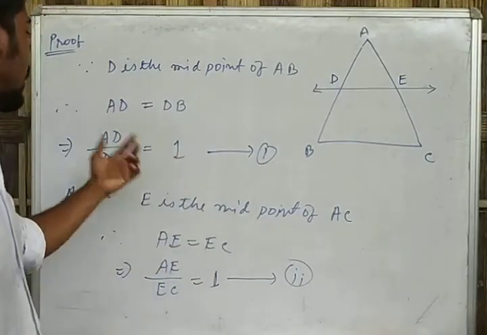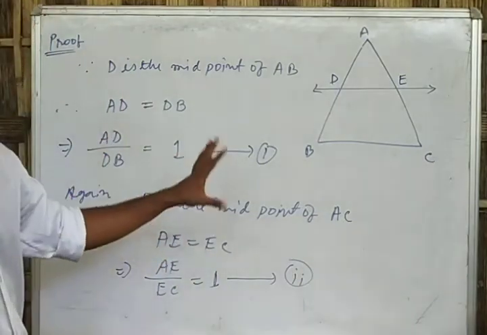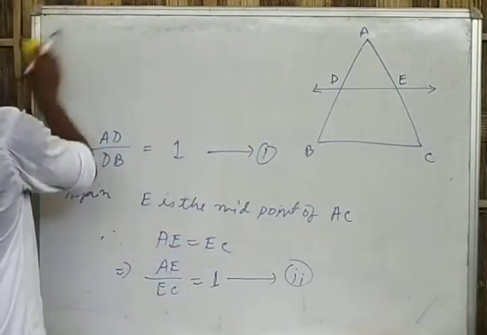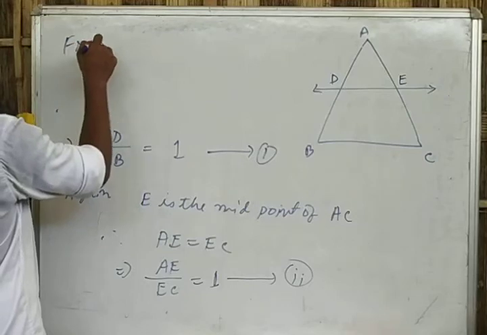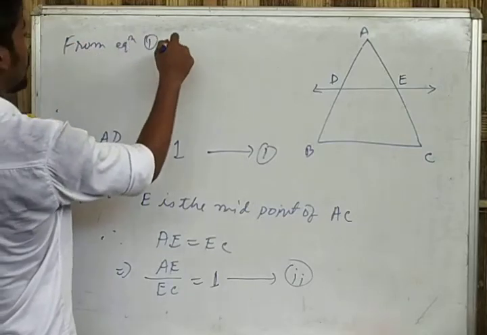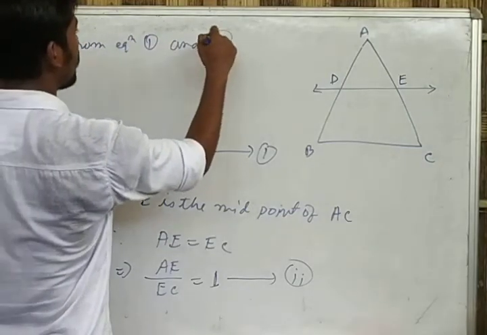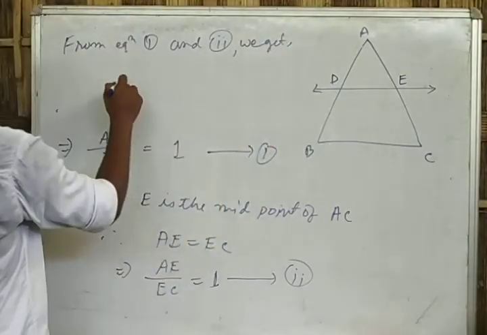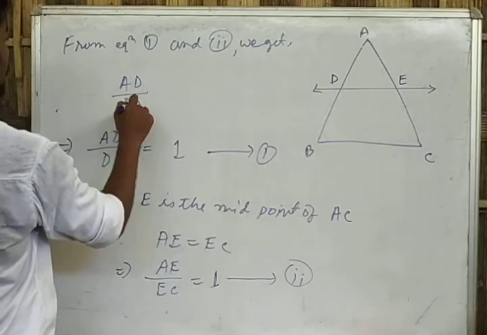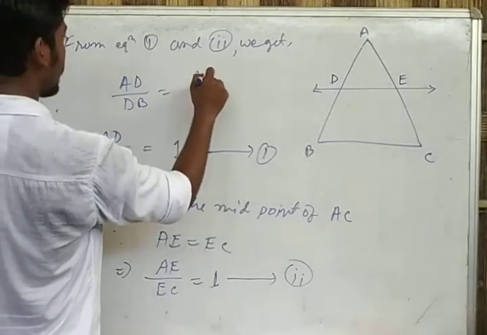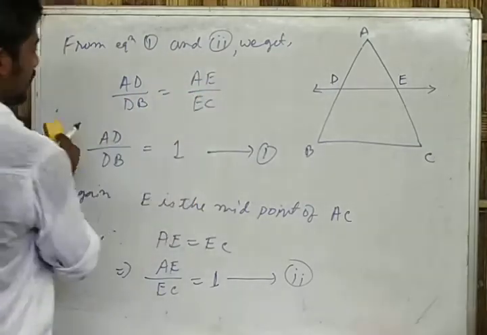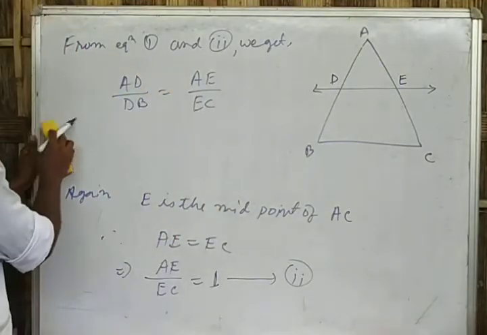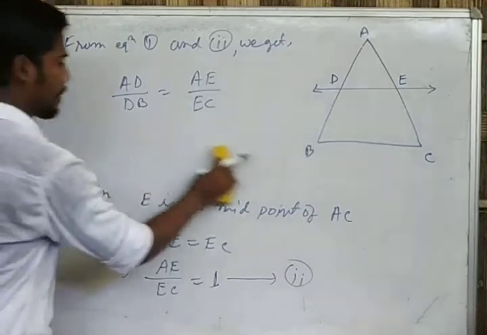So the left hand sides will be equal. From equations 1 and 2 we get AD by DB is equal to AE by EC.